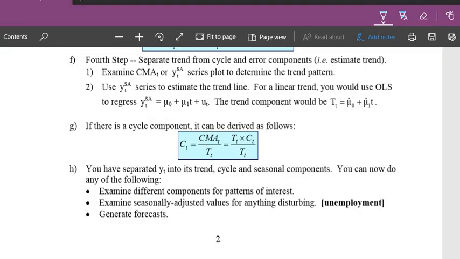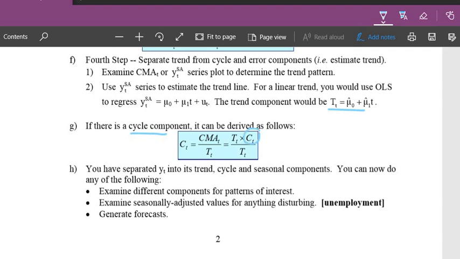After we obtain the trend, we can examine whether the series has the cyclical component or not. So we divide the CMA by the trend that we obtained. Now only the cyclical is left.